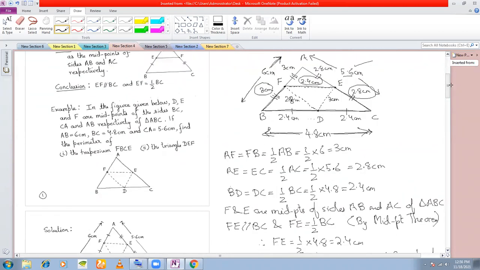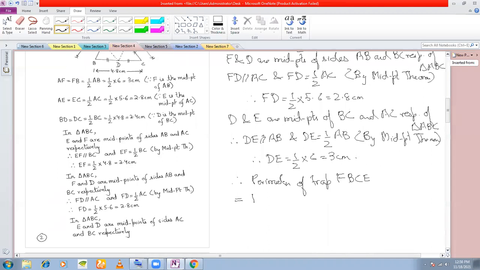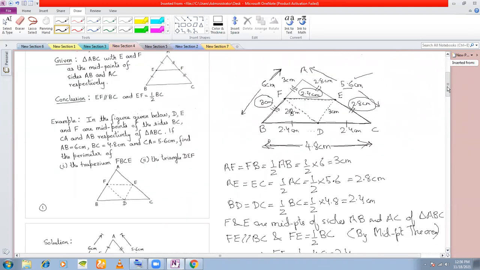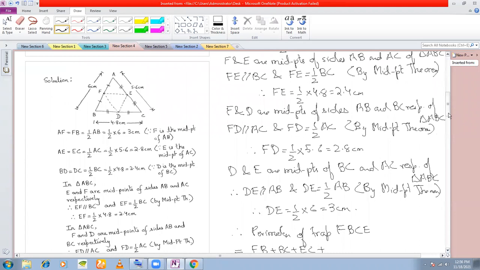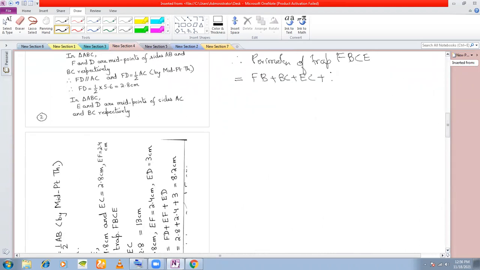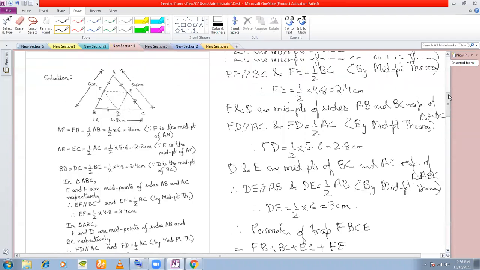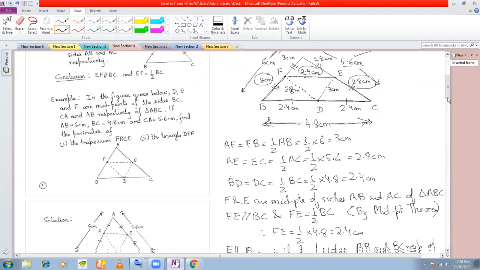FB plus BC plus EC plus FE. Okay, and now add up all this. FB and BC are what length? 3 and 4.8.